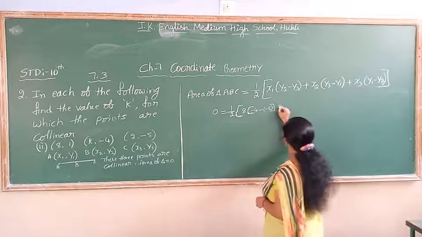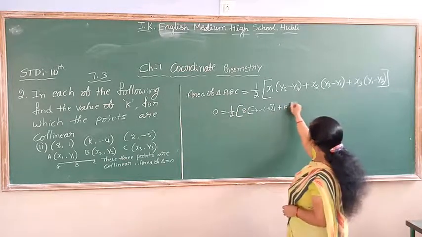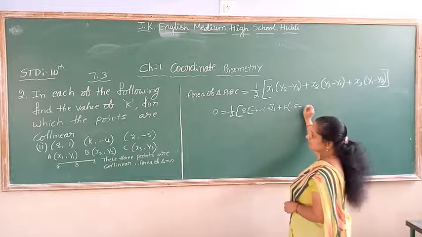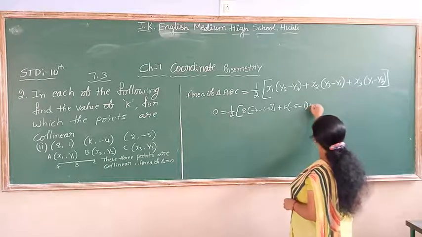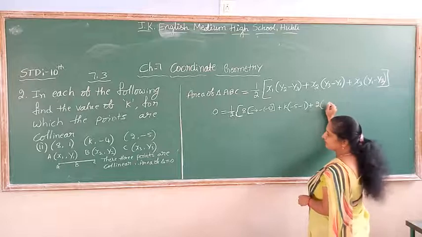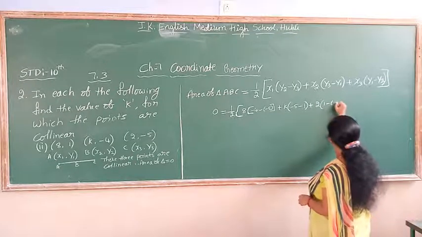So then plus x2. x2 value is k here. y3 is minus 5, y1 is 1, plus x3 value is 2. y1 is 1, y2 is minus of minus 4.